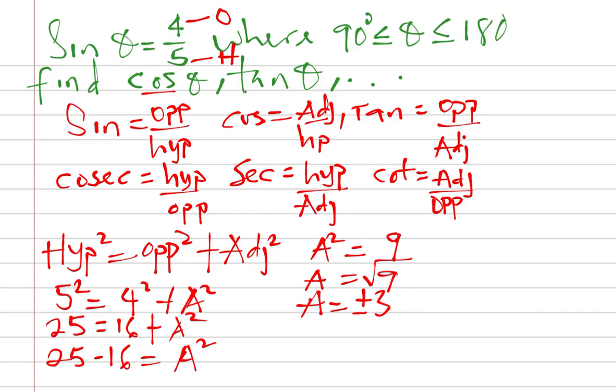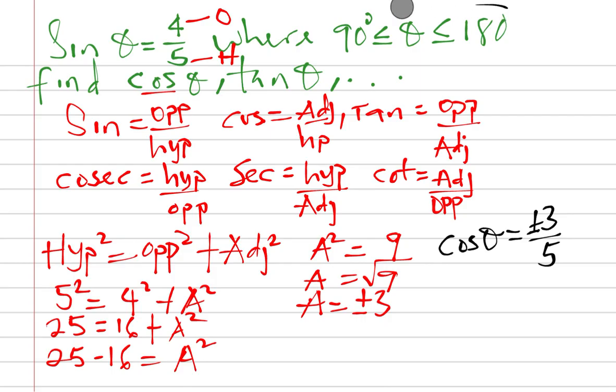Now we want to do the first part. We already know that our sine is this. Now what will be our cos? I want you to notice something here. Our cos theta is adjacent over hypotenuse. Our adjacent is plus or minus 3 over our hypotenuse, which is 5. But you will not determine this plus or minus 3 yet.